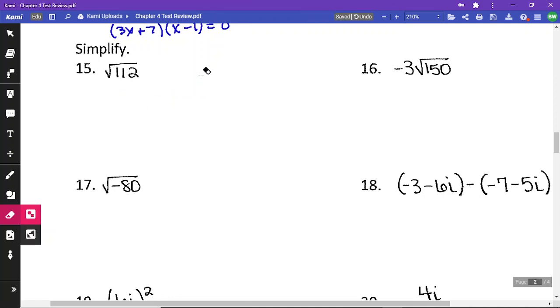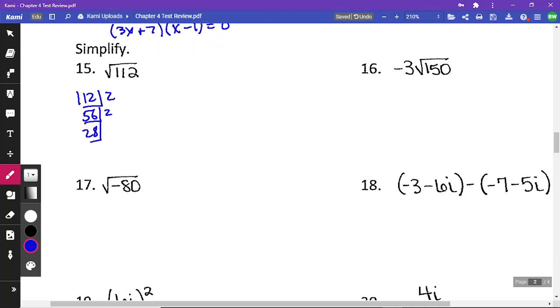Okay, try again. So what we have here is 112. We're going to divide by 2. It's 56. Divide that by 2, you get 28. Divide that by 2, you get 14. Divide that by 2, you get 7. That's our prime factorization.